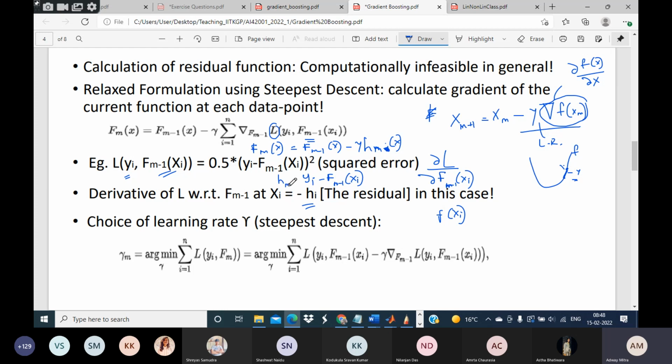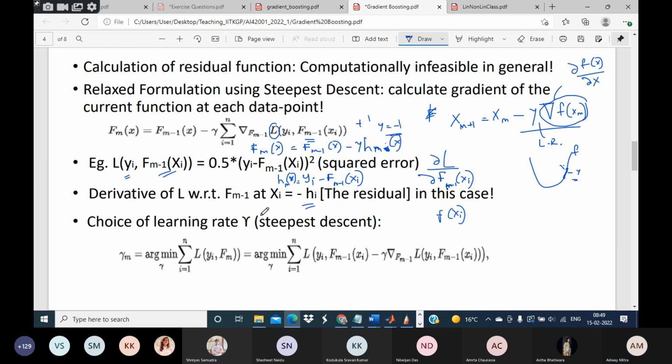Let me define it as h_m(x) to make it consistent with what we wrote earlier. Earlier I was writing f_m(x) equals f_{m-1}(x) plus h_m(x). Here I am writing minus gamma h_m(x). So the plus 1 has just been replaced by minus gamma. We can see that what we were writing earlier is equivalent to this formulation in the special case that gamma is equal to -1.